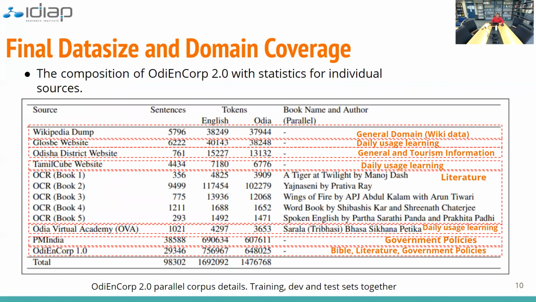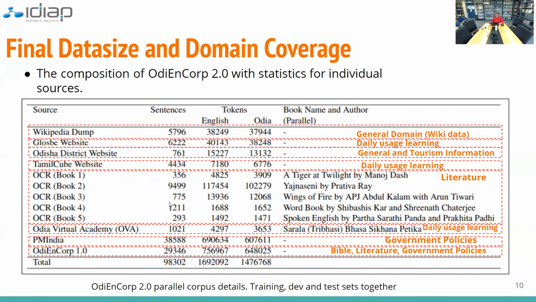And this is the final dataset size and the domains covered. Most of the data is covered by different domains, for example daily usage, learning, general tourism, government policies, Bible, literature.